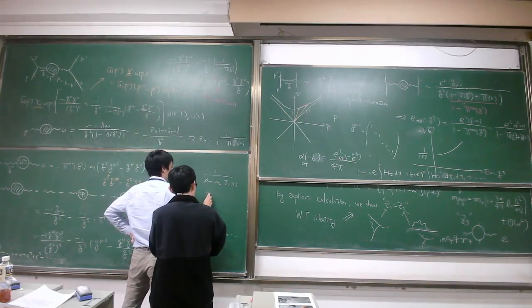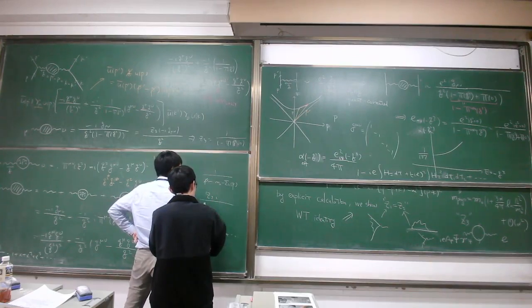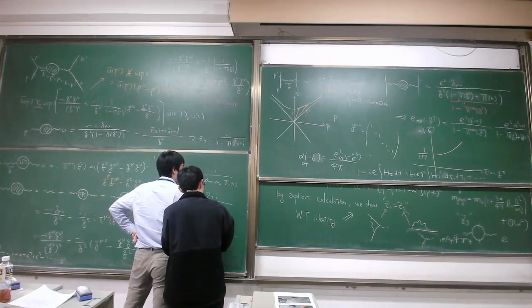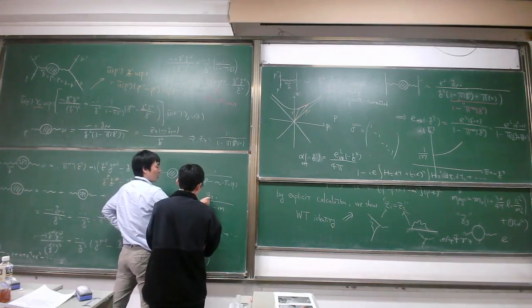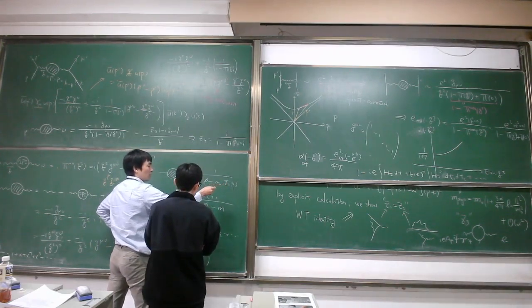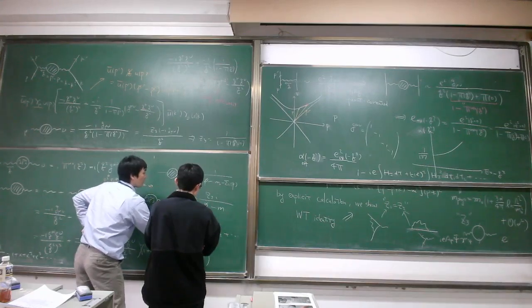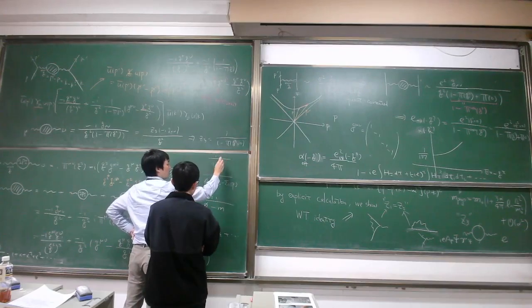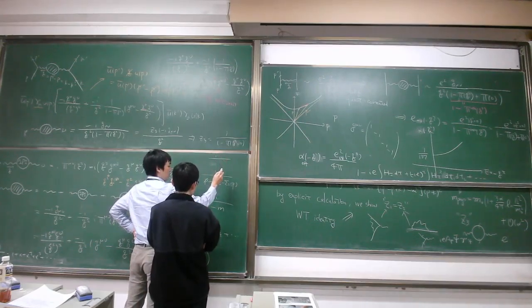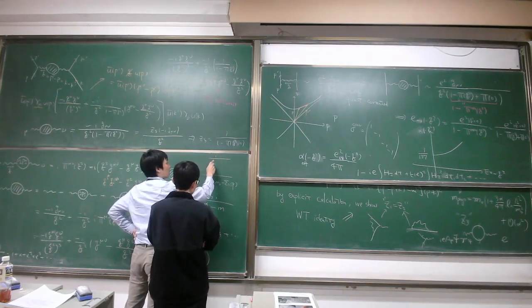We write this as 2i p slash minus m, right? D2 is really the residue of this pole. So therefore, here what we have is i divided by p slash minus m.